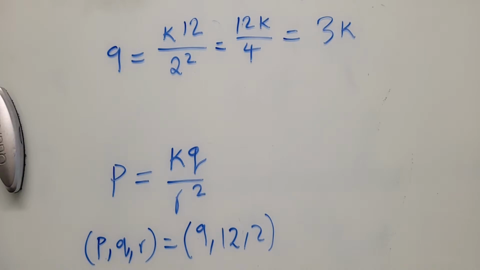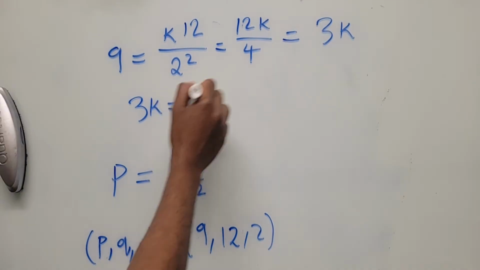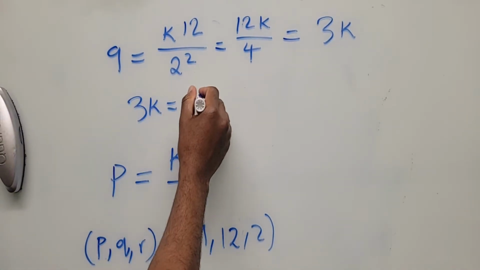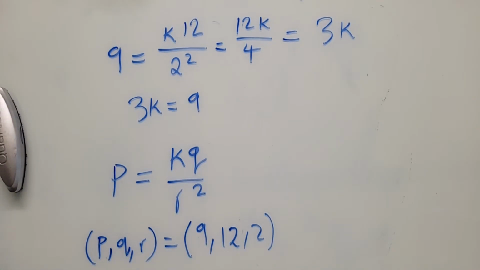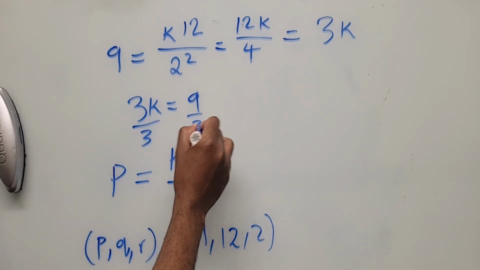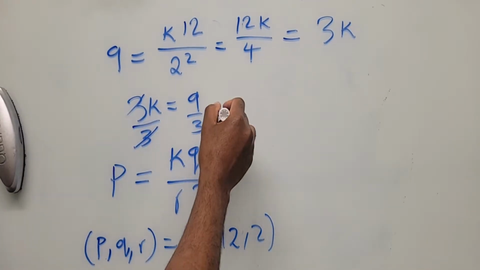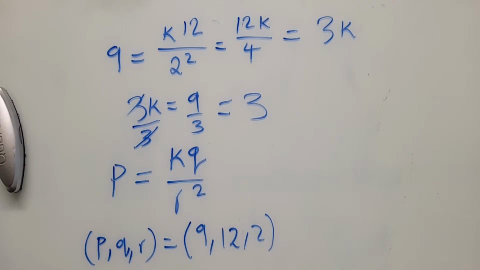So the whole problem reduces to 3K is equal to 9. Okay? Then this is easier because I just divide throughout by 3. Then 3 and 3 cancel, and 3 into 9 is 3 times. Okay?